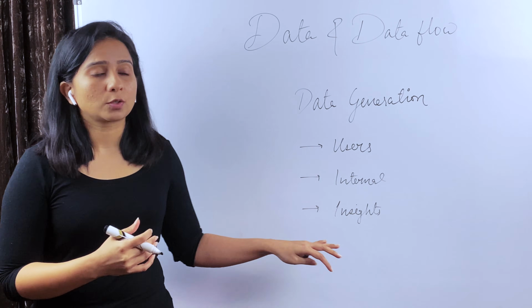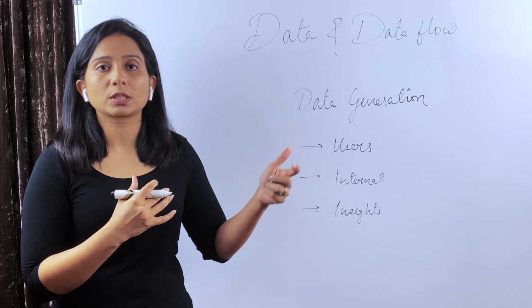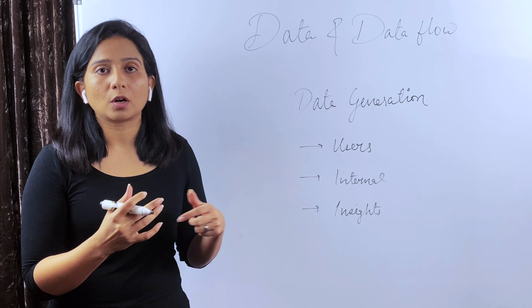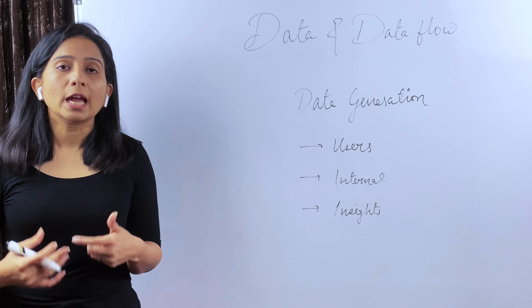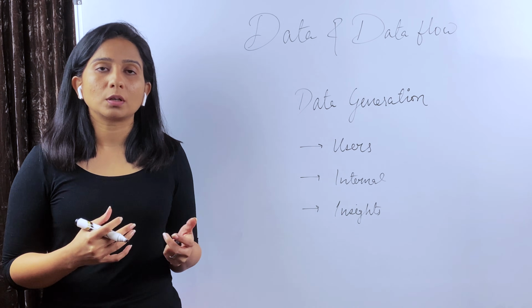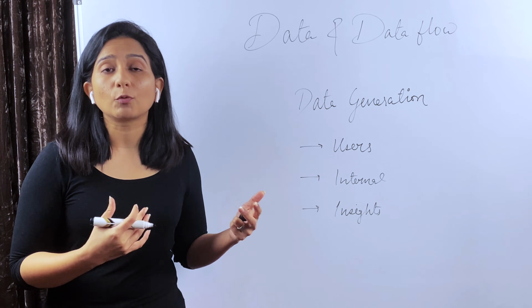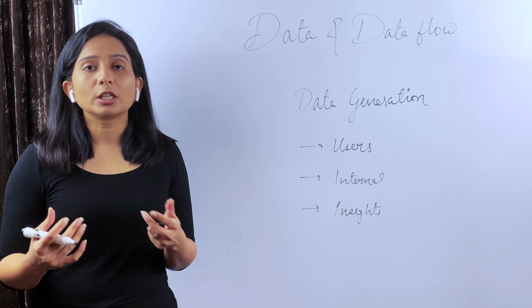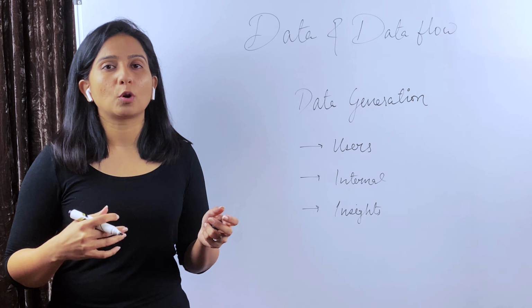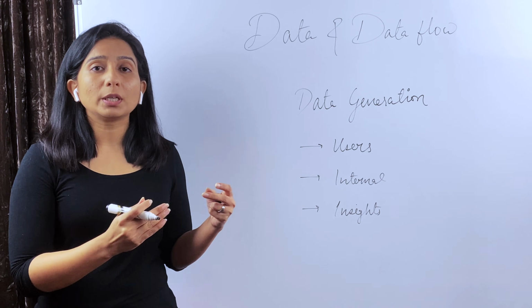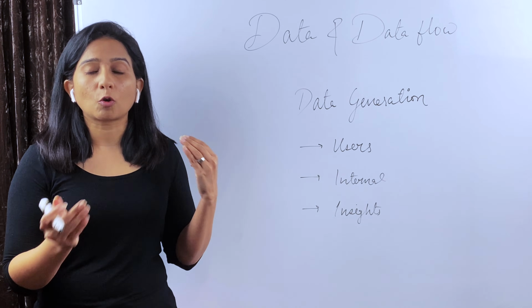Similarly, there are insights. When users interact with the system and upload some kind of data or retrieve some kind of data, some insights are generated. For example, if the user is buying something from an e-commerce website, an invoice will be generated for that user. Similarly, if the user is interacting with a streaming system like YouTube or Netflix, there will be a history of what content they have watched.